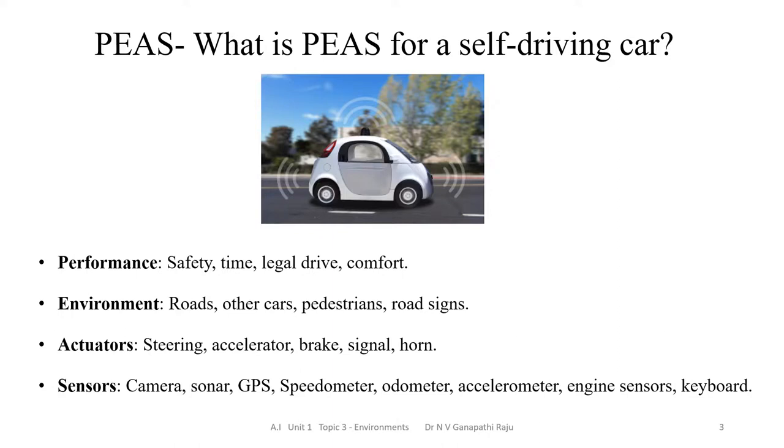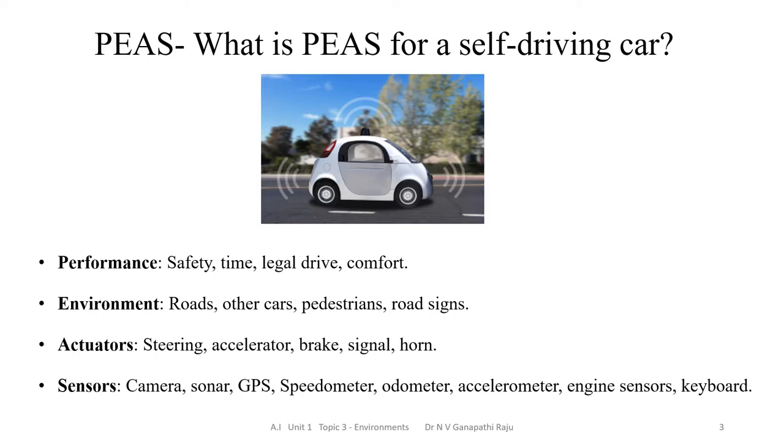Let us define PEAS for a self-driving car. Safety, time, legal drive and comfort can be considered as performance measures, and the environment consists of roads, other cars, pedestrians and road signs.